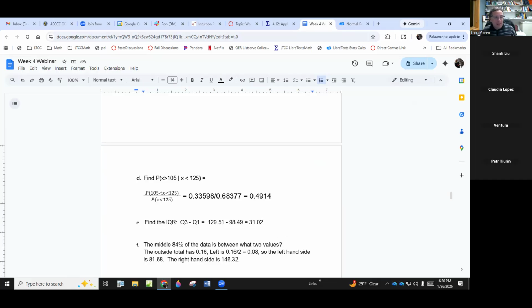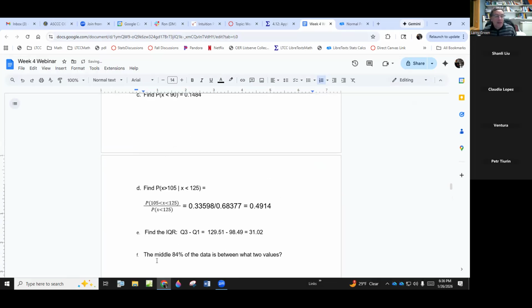Okay. Let's look at the next question. The middle 84% of the data is between what two values? Okay, that one's going to take a little thinking. And the problem is that you can't leave two things blank on the calculator.